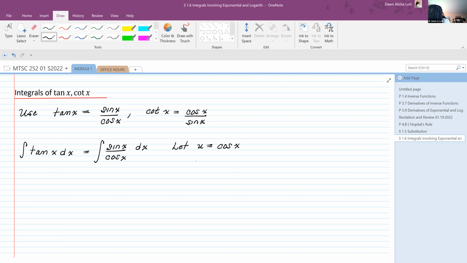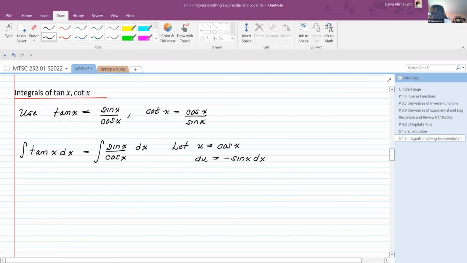Okay, so du is negative sine x dx. So therefore I get the integral sine x dx is just negative du. And then this becomes over cosine x, which is u.